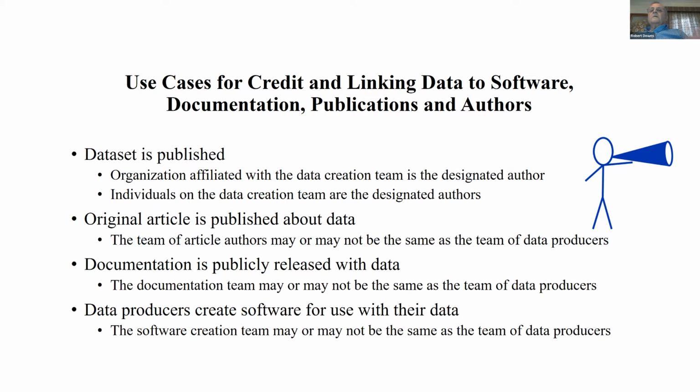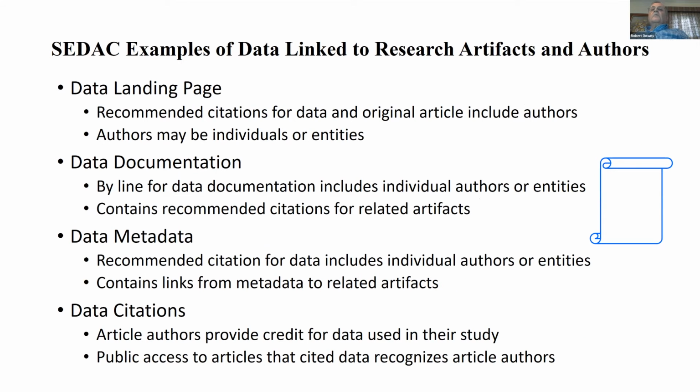So thinking about all those different possibilities, we can start to look at some real life examples at CIESIN. In the CIESIN data landing pages, we have recommended citations for both the data and the original article, and the authors of both are listed, as well as DOIs, of course, and the authors may be individuals or entities or both.